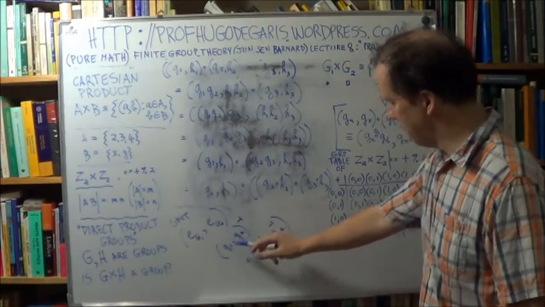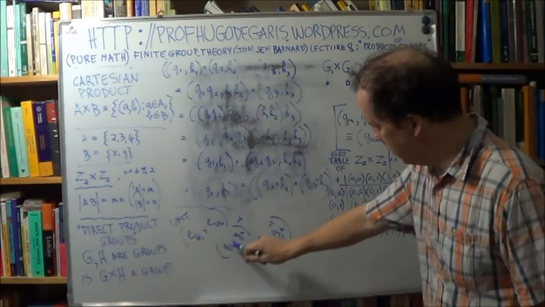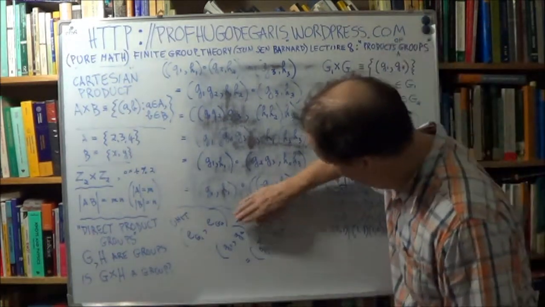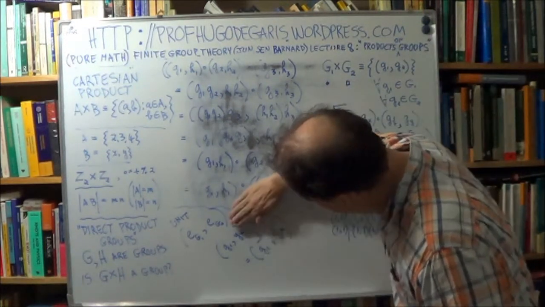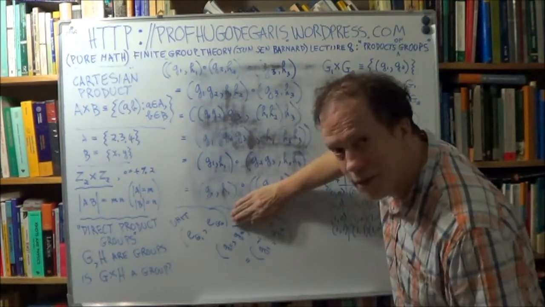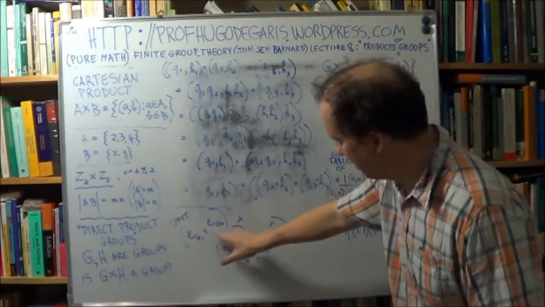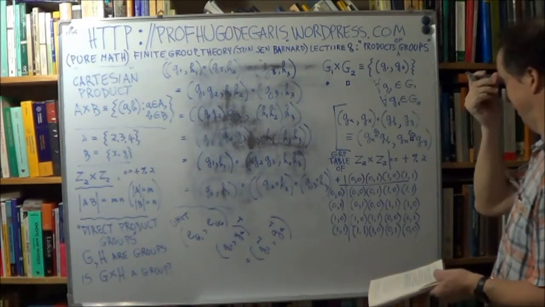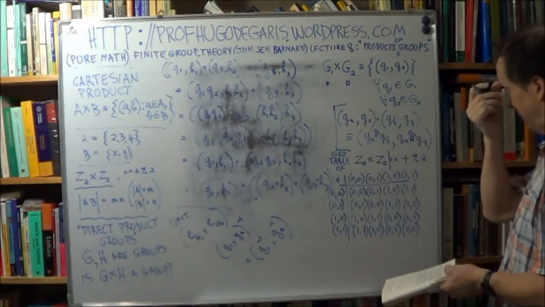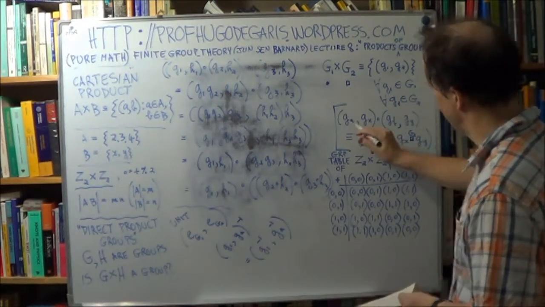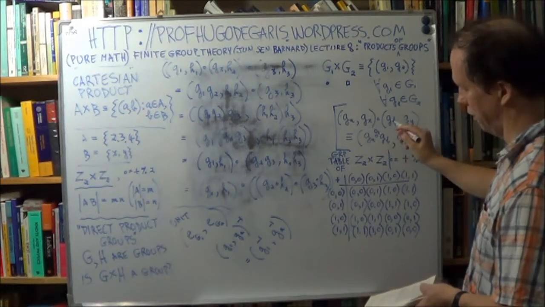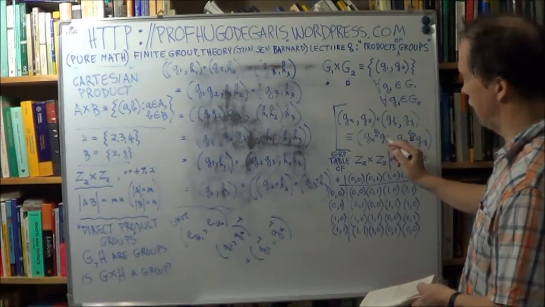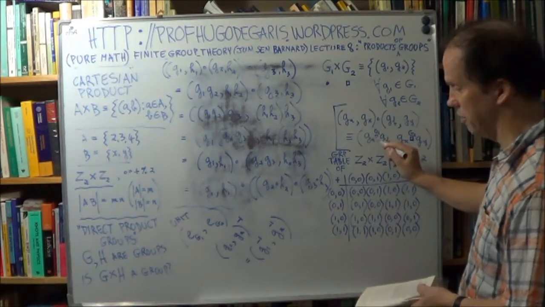Because if you binary operate that and this without the inverse sign, you will end up with that. Can you see that? So you'd have GA here, and here you'd have GA inverse. So that would give you the unit.